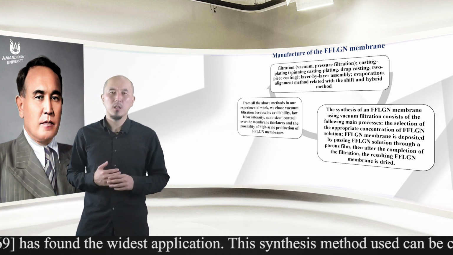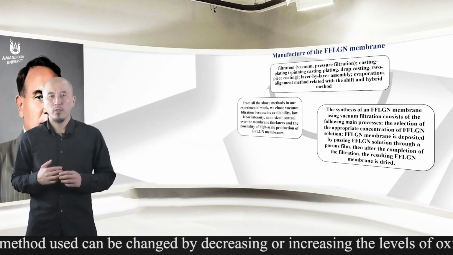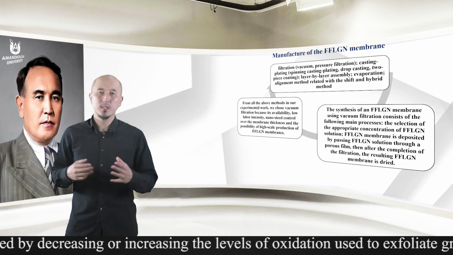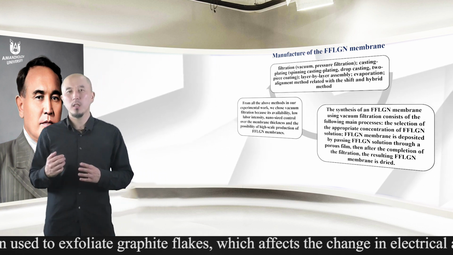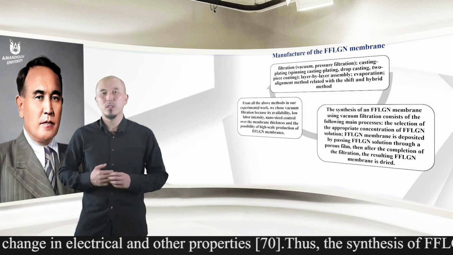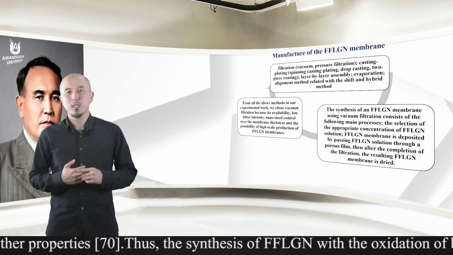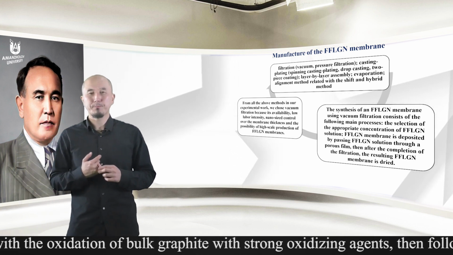Moreover, the chemical synthesis using the Hummers method has found the widest application. This synthesis method can be changed by decreasing or increasing the levels of oxidation used to exfoliate graphite flakes, which affects the change in electrical and other properties.